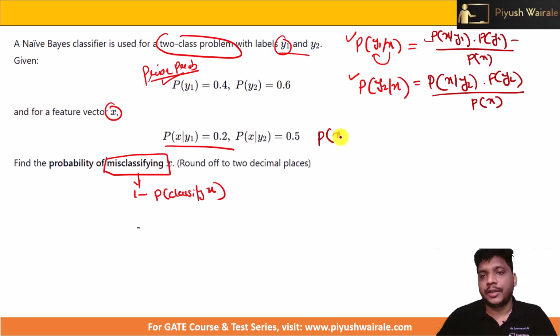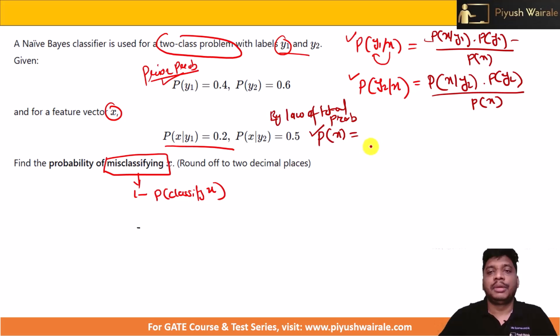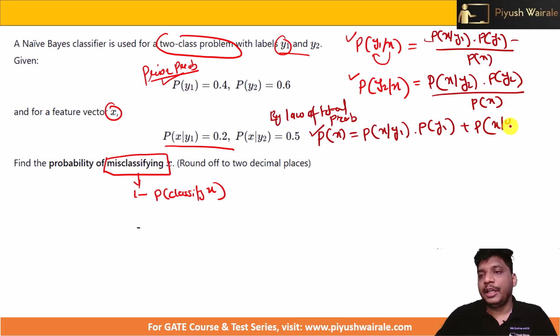Probability of x. So how do we find probability of x? By the law of total probability, right? That is nothing but probability of x given y1 into probability of y1 plus probability of x given y2 into probability of y2 here, right?